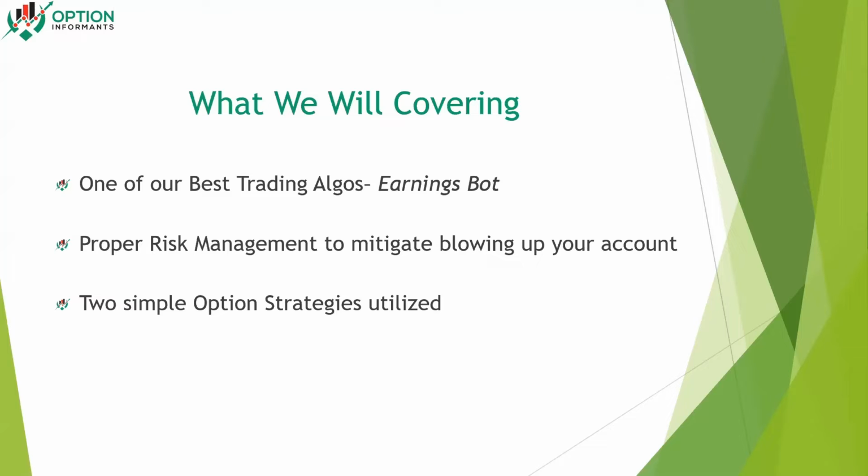So what we're talking about today is one of our two algos that we've developed here, our EarningsBot. And without giving out too many of our secrets, we really are just utilizing market trends and how individual stocks perform. And there's this phenomenon as earnings get closer for a stock.